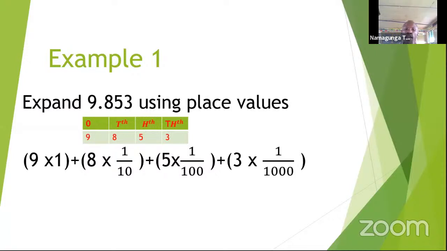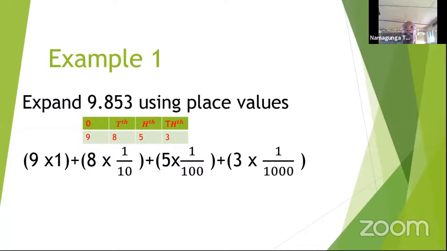One, we can expand them using place values. Two, we can expand them using values. And three, we can expand them using powers of 10, or what we can refer to as exponents. But for this case, we shall look at two, where we are going to look at place values and values.